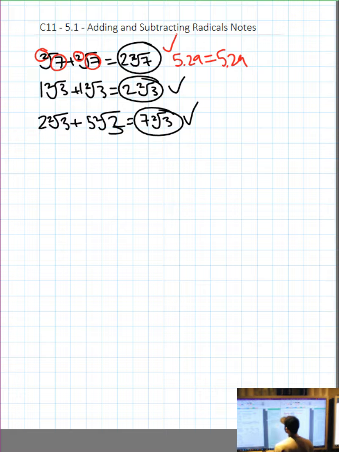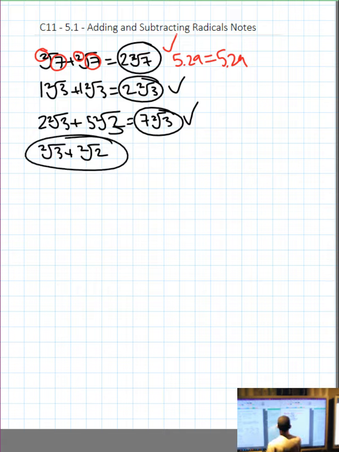So remember that if I have the square root of 3 plus the square root of 2, well, you can't do that. I mean, the answer is just as is. You could type it into the calculator and give yourself a decimal, but you can't add or subtract them because we didn't have the same thing underneath the root.